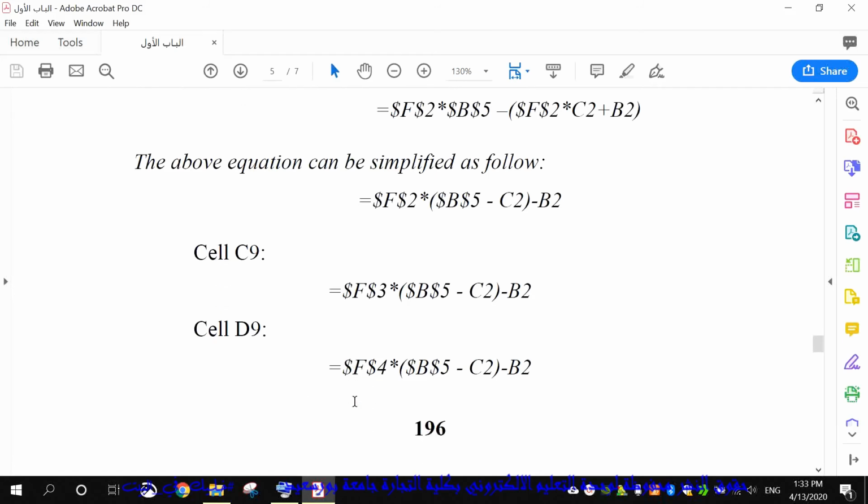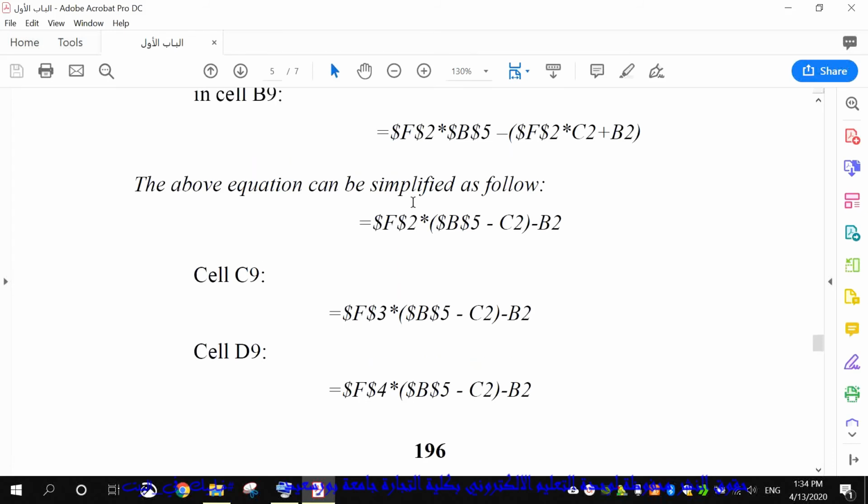For the alternative high, the number of units produced is written in F4, which is multiplied by the sales price B5 minus the variable cost, still written in C2, minus the fixed cost in B2. So the three equations are typed in cells B9, C9, D9 respectively.